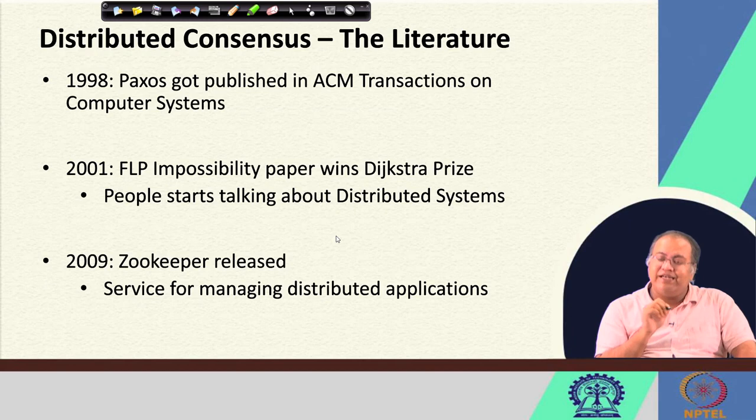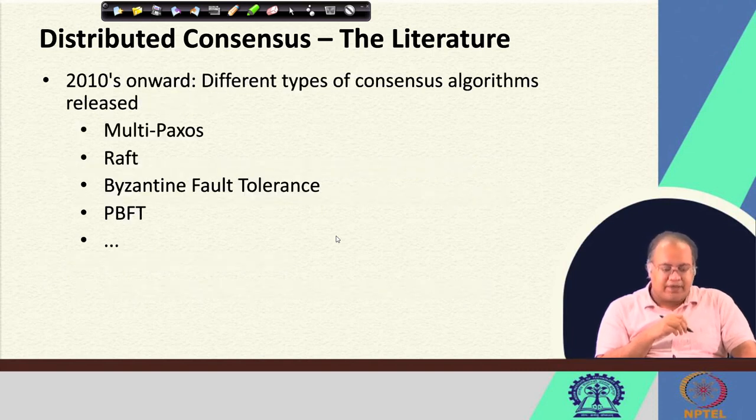Around 2009, ZooKeeper was released, which is one of the finest distributed systems. It provides a service for managing different kinds of distributed applications. From 2010 onwards, different types of consensus algorithms were released, including multi-Paxos, Raft, and the Byzantine fault tolerance algorithm, PBFT, and so on.